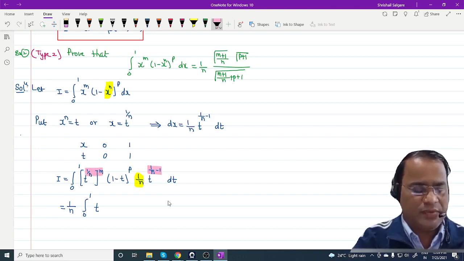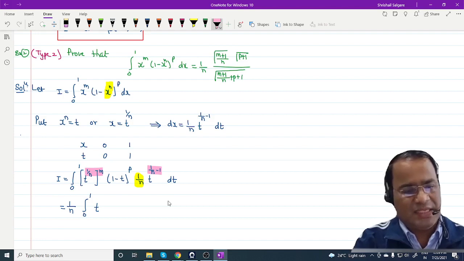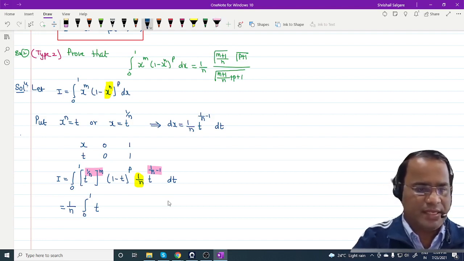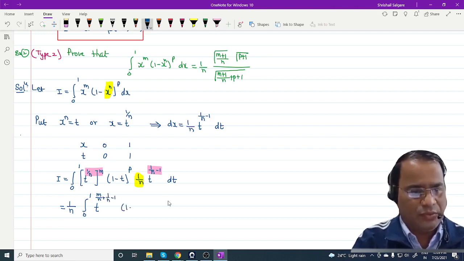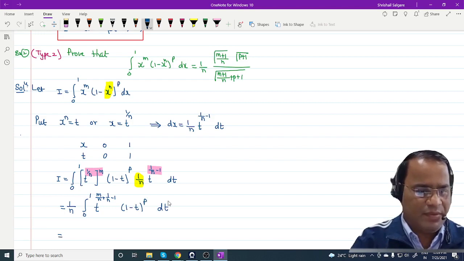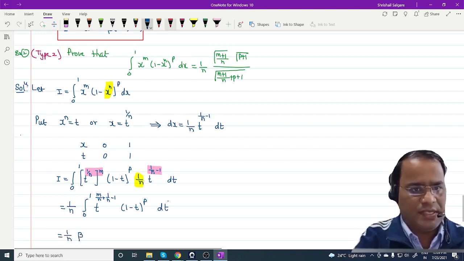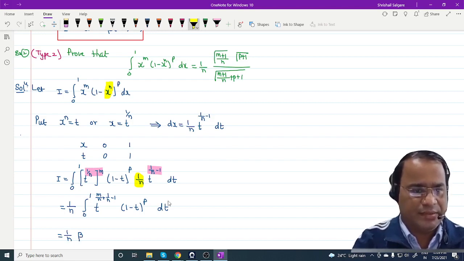Using the law of indices with the same base, it can be written as m by n plus 1 by n minus 1, into 1 minus t raised to p, dt. I think it defines a beta function, 1 upon n times beta of, what is the first parameter? This is the first parameter.